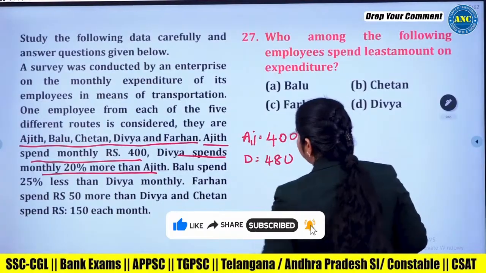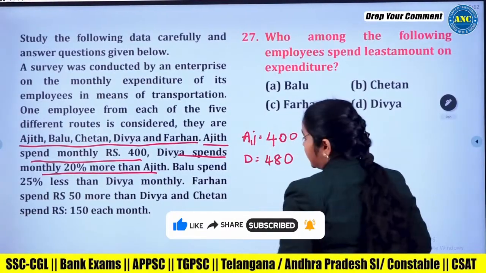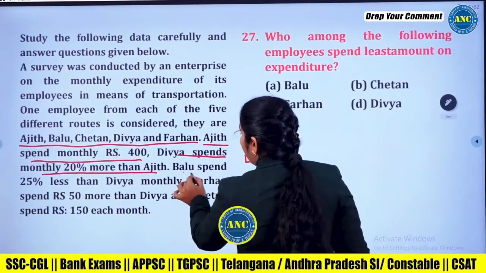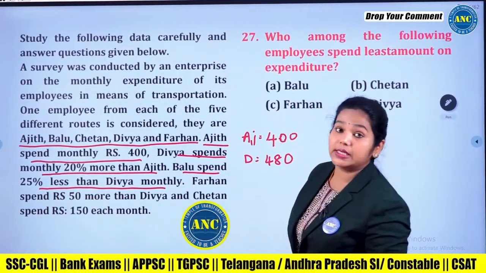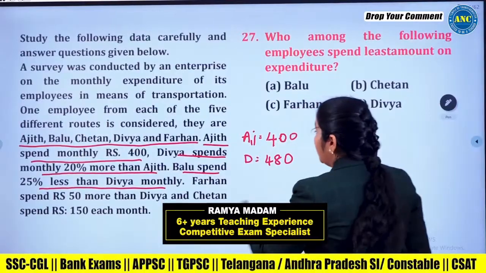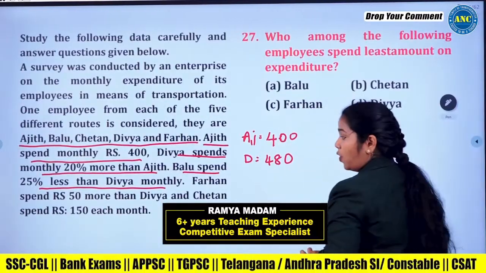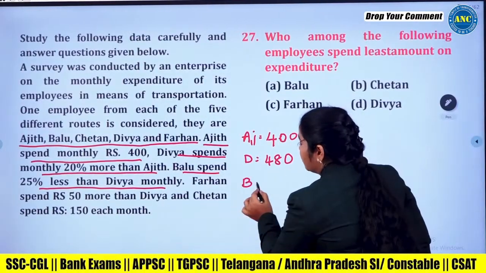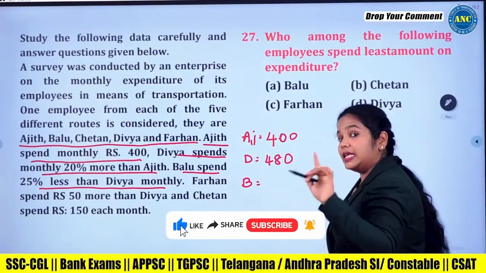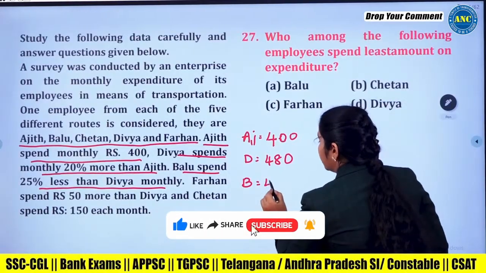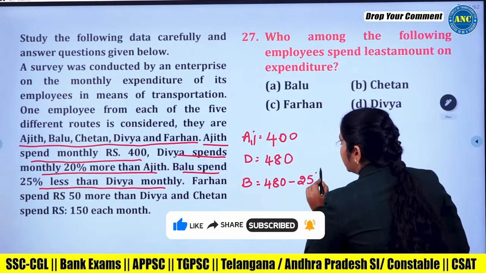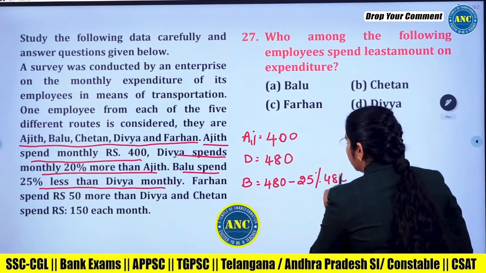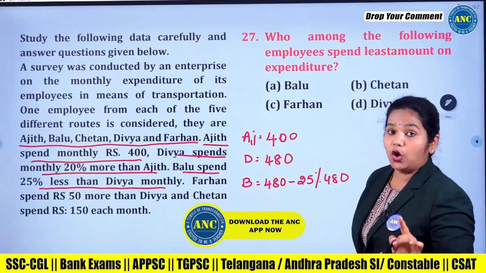Yes. Right. Next, what are they saying? Balu spends 25% less than Divya. So if Divya's value is 480, Balu's value will be 25% less than Divya's value. That means 480 minus 25% of 480.